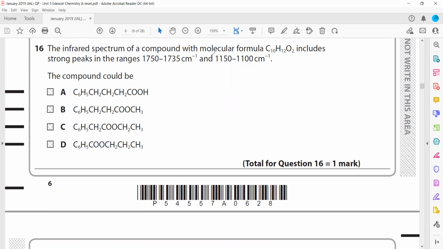Basically, one is due to C double bonded with O and one is due to C-O. So which compound contains C double bonded with O and C-O? That is ester. And one is due to C double bonded with O, and this 1150 to 1100 is due to the presence of a benzene ring.